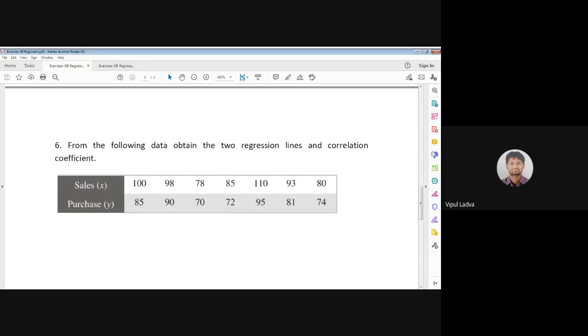Let me switch the window. Stop presenting. Let me present the window and not the page.